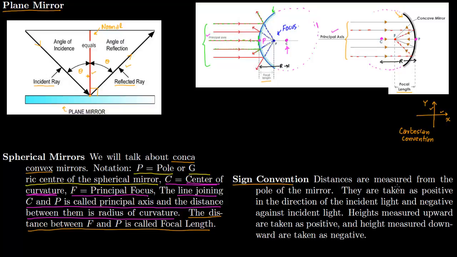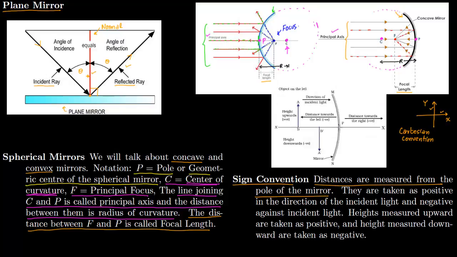To start with, distances are measured from the pole of the mirror. So from this point we are going to measure the distance. They are taken as positive in the direction of incident light. Say the light is coming in this direction, so the distance is positive in the direction of light, just like the positive x-axis.